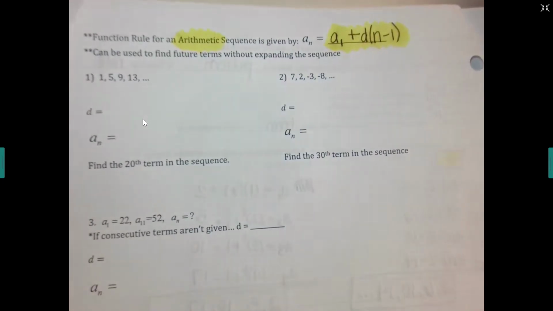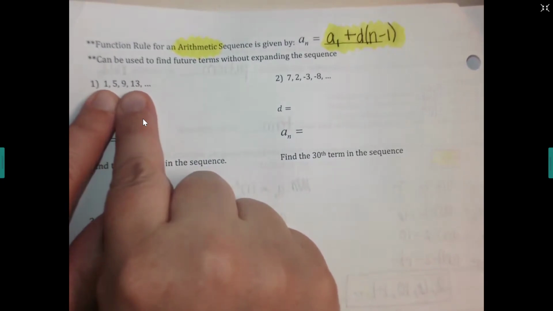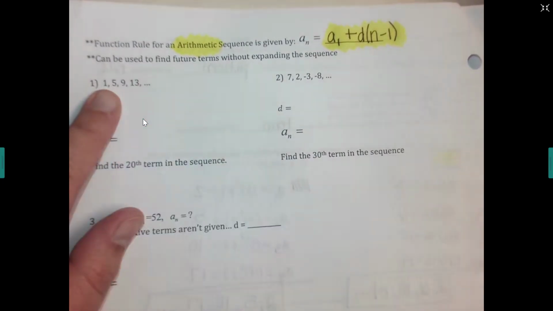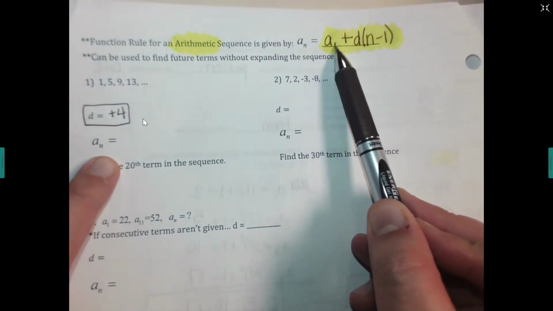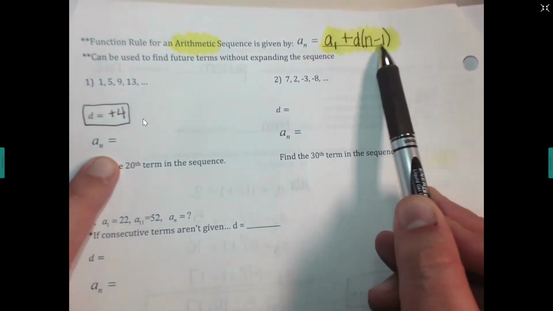Let me show you what I mean. Take a look at your first question. My pattern is 1, 5, 9, 13. Can we tell what the difference is? Plus 4 is correct. So put plus 4 for your difference. Then your function rule is going to be whatever the first term is plus 4 times n minus 1.